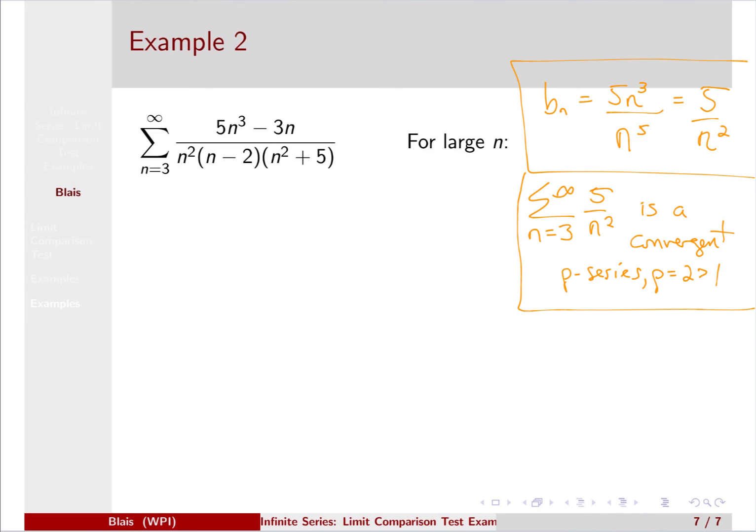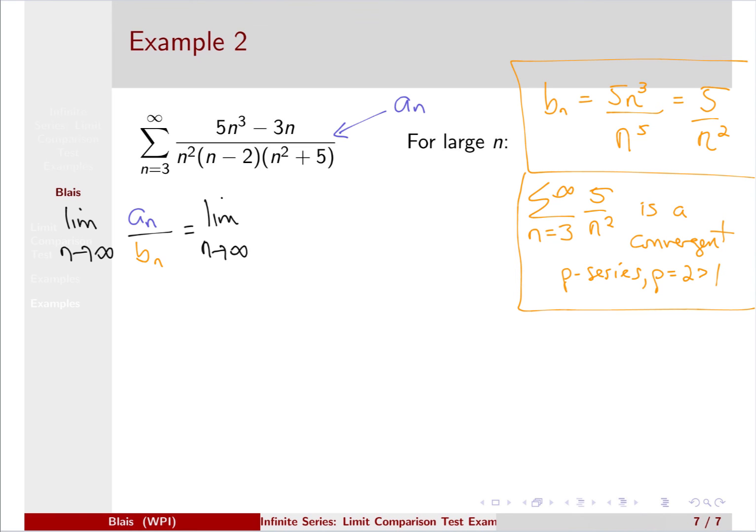So let's show that. If we call these terms our a sub n's, for the limit comparison test, we need the limit as n goes to infinity of a sub n over b sub n, which we know is the limit as n goes to infinity.